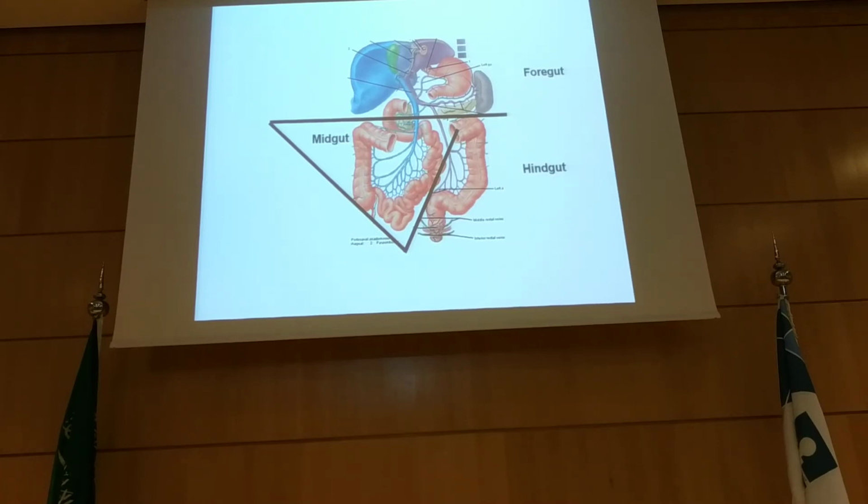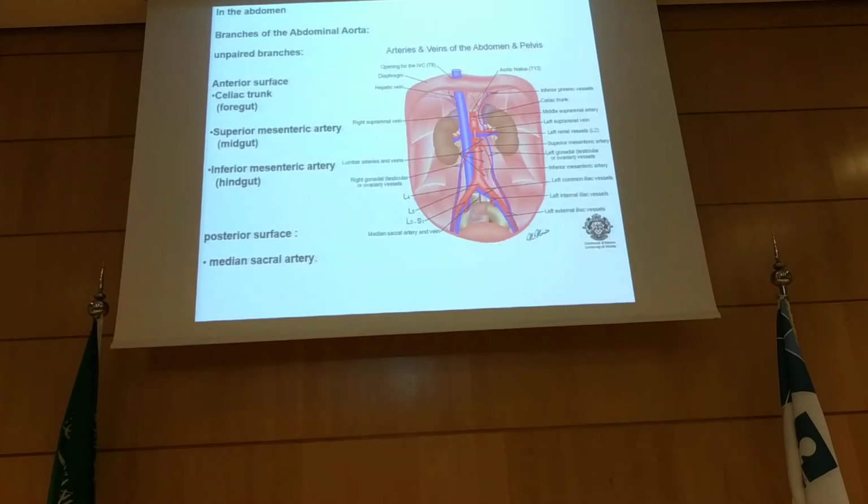Now when it comes to blood supply, it is easy. Each will have its own artery. Coming from the abdominal aorta, we have a number of paired arteries, like renal arteries, gonadal arteries, lumbar arteries, but we have 4 unpaired arteries.